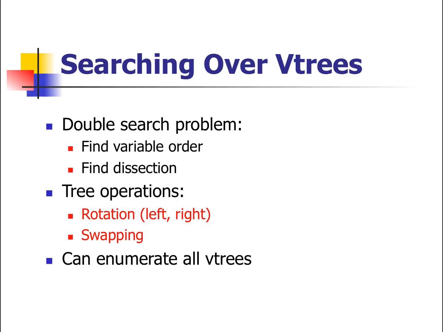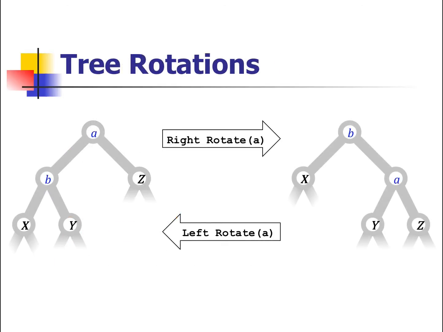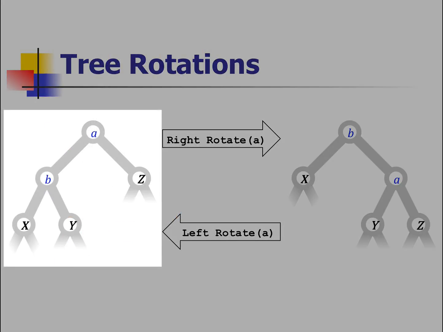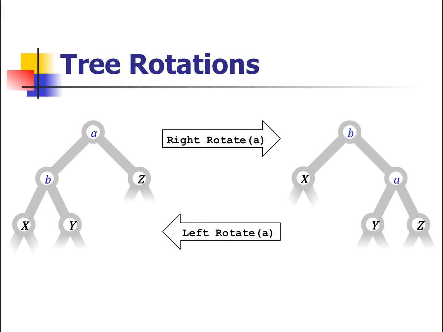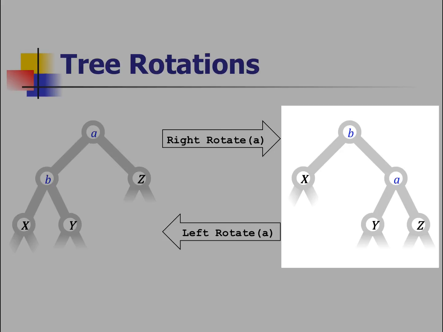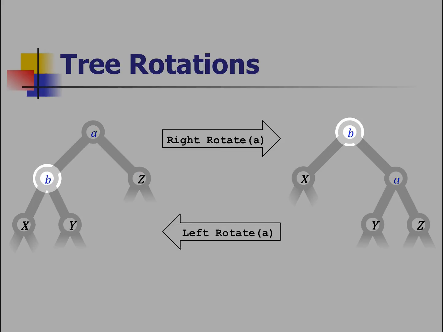So let's look first at the rotations. If you look on the left, we have a portion of a Vtree. The root here is A, and what we want to do in this case is right rotate that particular node A. If we do that, we get the Vtree on the right. So look what happened here. B moved to the top.